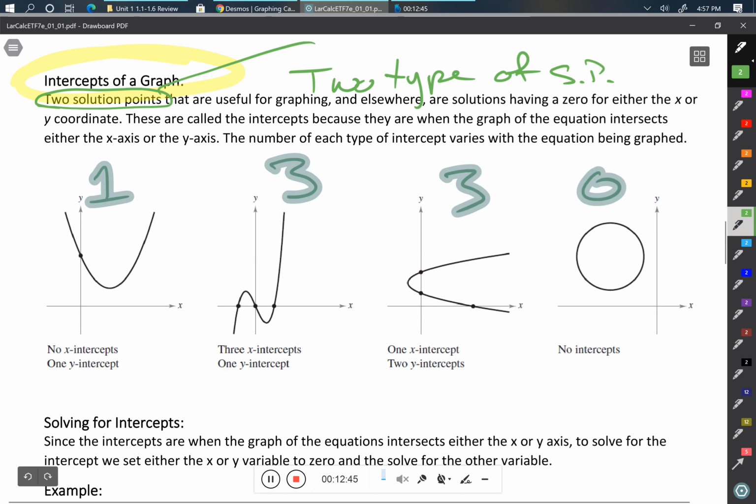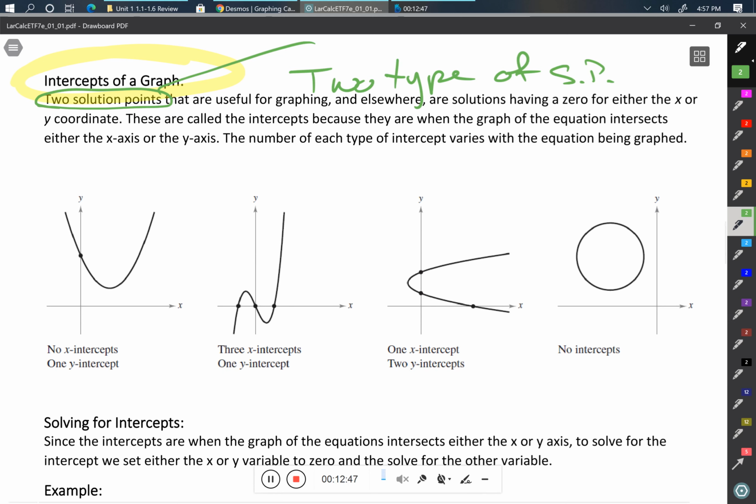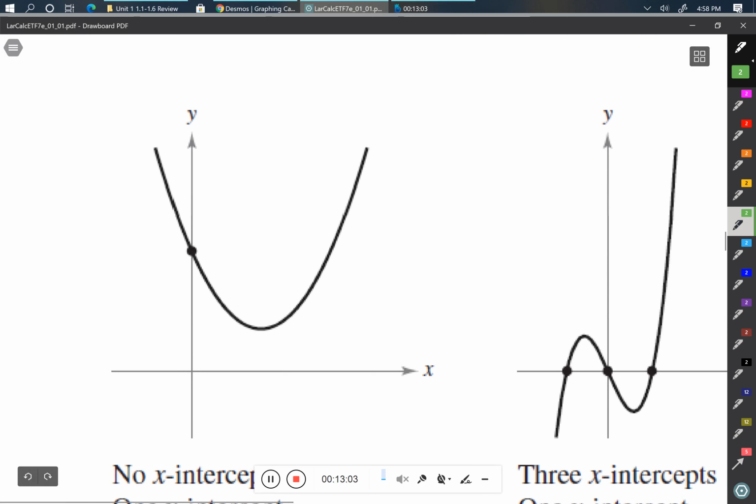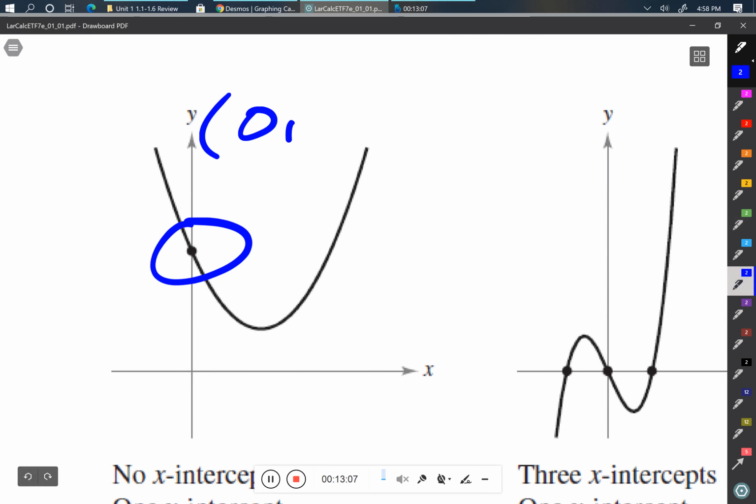Right? Now, about intercepts. When a graph crosses the x-axis, that means that the y-coordinate or the y value is 0. When a graph crosses the y-axis, that means that the x-coordinate is equal to 0. So that tells me that when I'm looking at a graph like this, I know that this intercept right here is going to be something of the form 0, number.